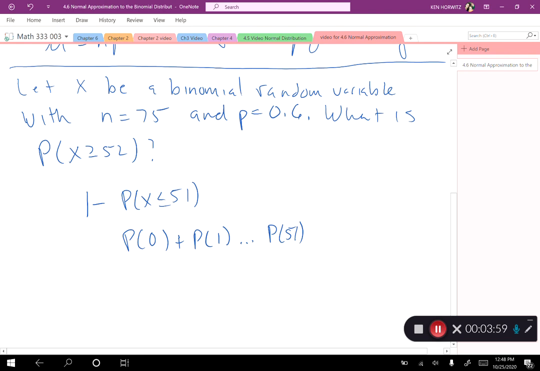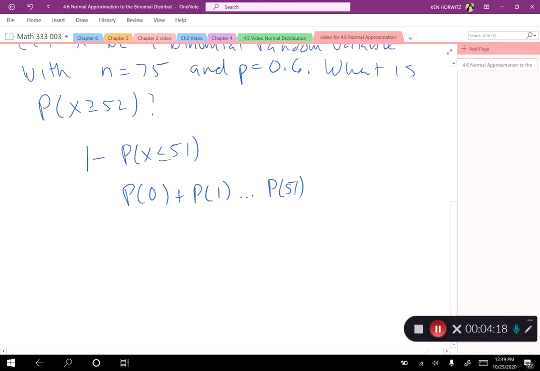I don't know if you want to do that. I certainly don't. It's going to take an awfully long time. Those people that need to do this to get an exact answer very often will use a computer. So we're going to use, if we can, a normal approximation.